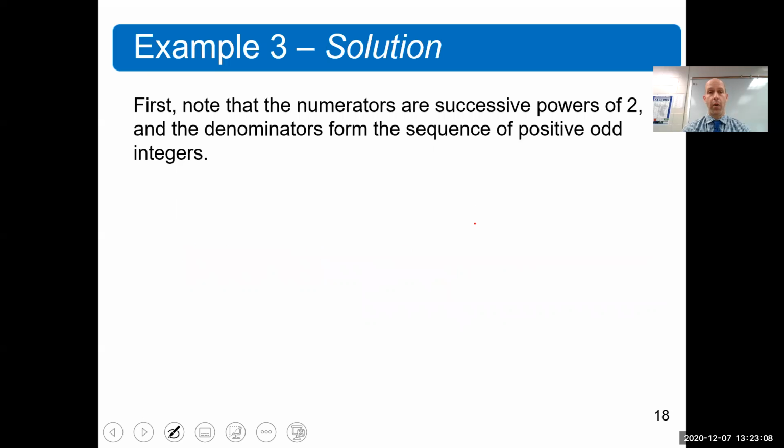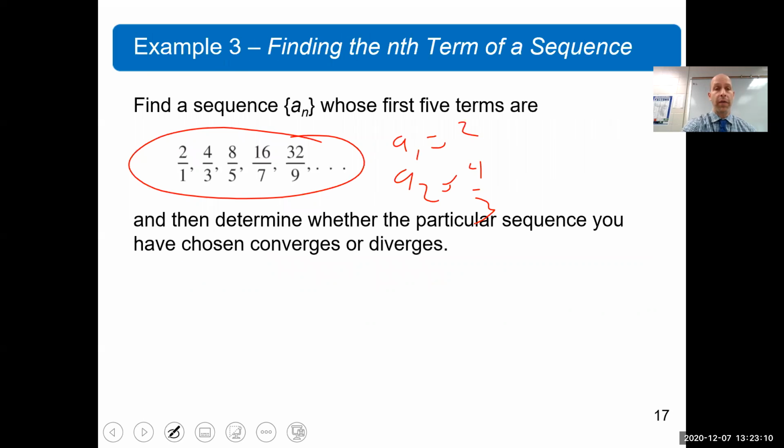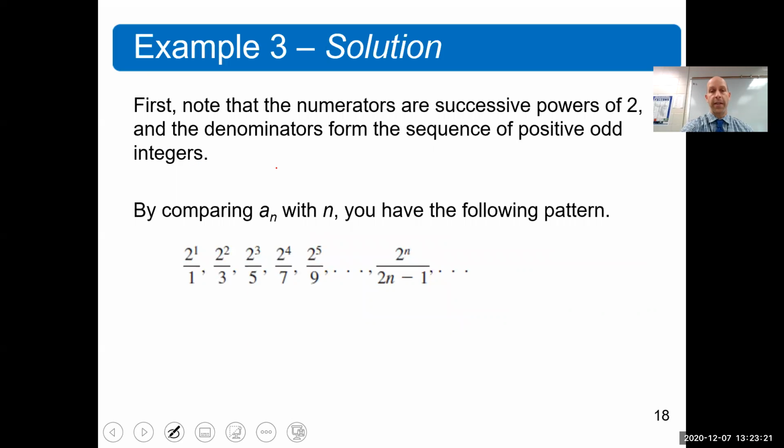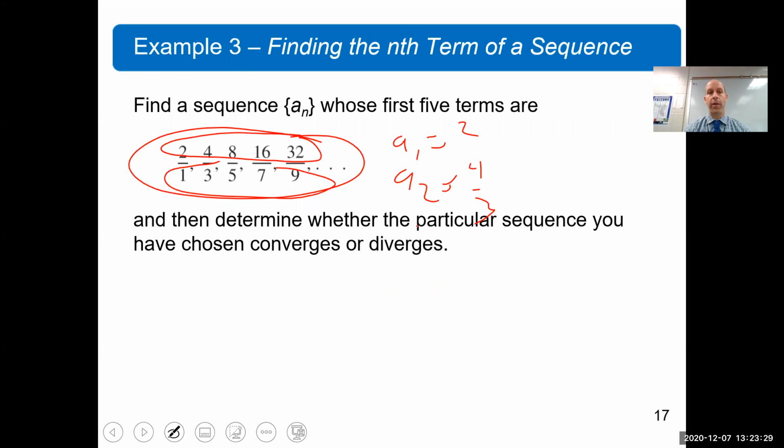First of all, we'll notice from the previous slide that all of the powers in the numerator are powers of 2, and everything in the bottom is an odd integer. So this is going to be our rule. 2 to the first is 2, 2 to the second is 4, 2 to the third is 8, so you can see where the numerator is coming from.